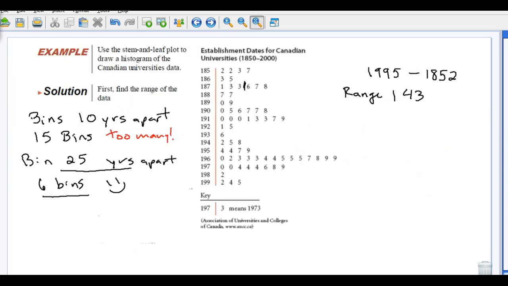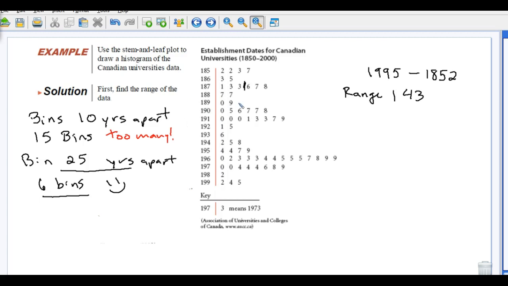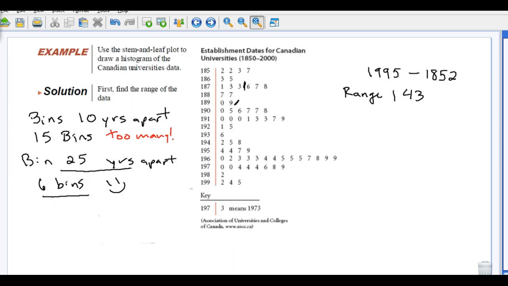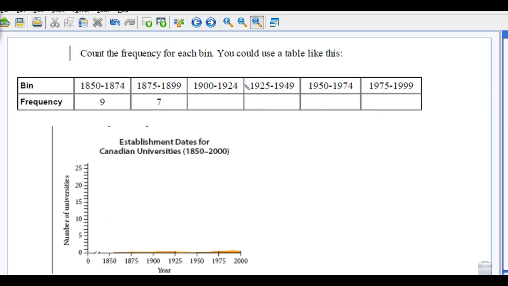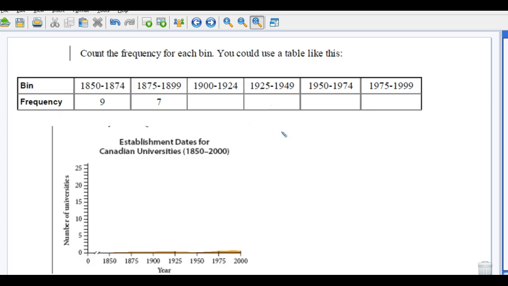Then we go from 1875 to 1899, so we're looking at anything in here. We have 1, 2, 3, 4, 5, 6, 7. So we should have 7 there. Then from 1900 to 1924, that would be in between here, because of 1925. I have 1, 2, 3, up to 15.